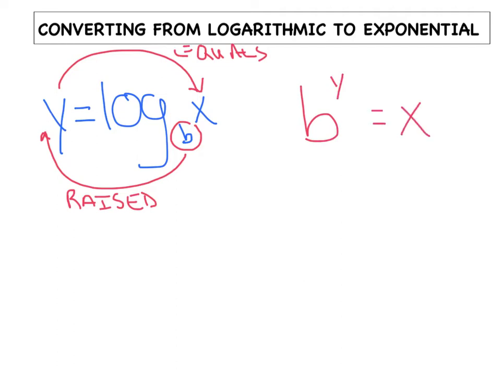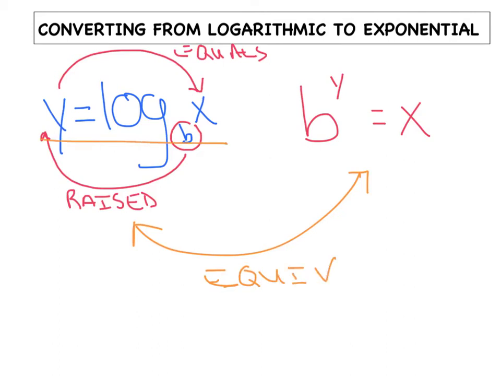And that's how you go around the world and convert an equation from logarithmic to exponential. Now I want you to make sure you put in your notebook that these two equations are equivalent to one another. It's just that one's in logarithmic language, whereas the other one's in exponential language. And that's what we need to practice converting back and forth from.